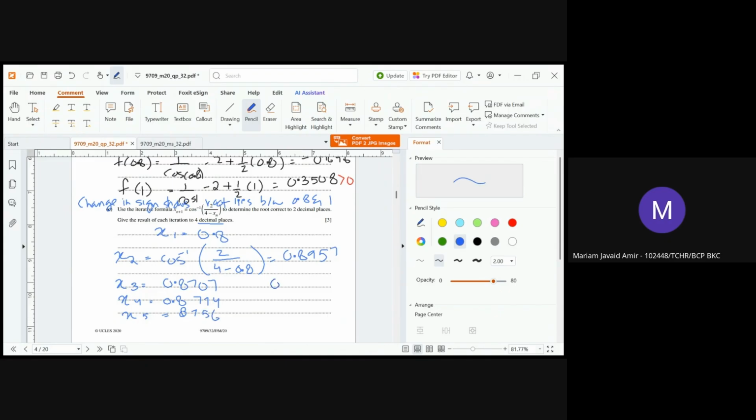Next will be 0.8761. Next will be 0.8760. Next is 0.8760 again. So we can see that the answer has converged correct to two decimal places. So you can write x equals 0.88 as the final answer, since we need the final answer in two decimal places.